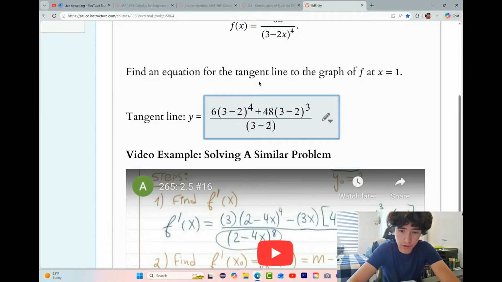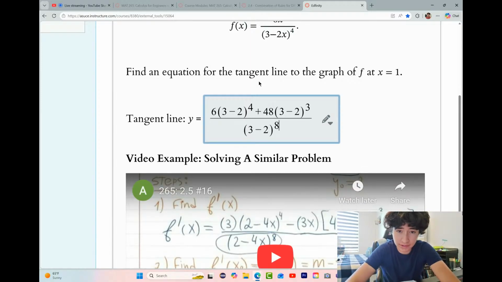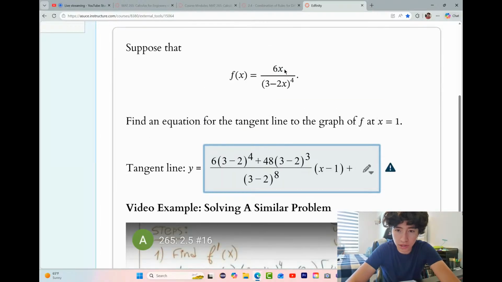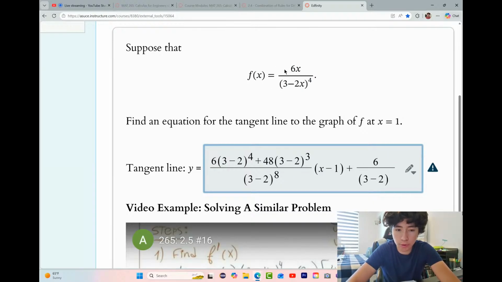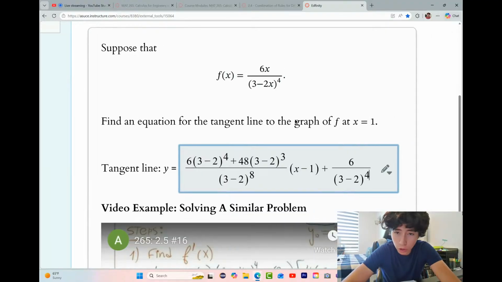Then we have 3 minus 2 to the power of 8, times x minus 1, and then plus y1. All right. So we get 6 over 3 minus 2 to the power of 4. All right, so all we've got to do is simply replace x with 1.